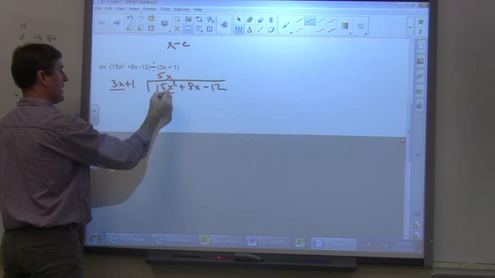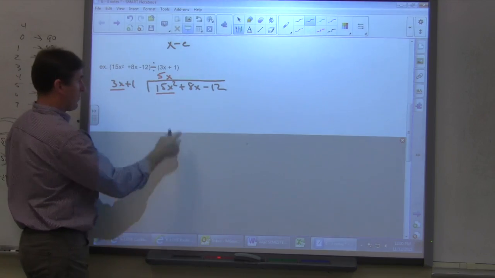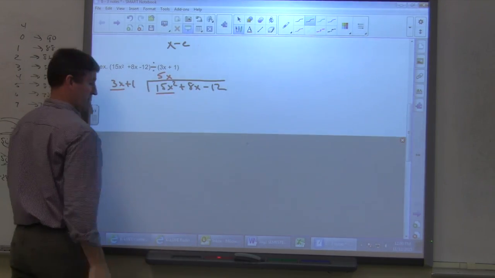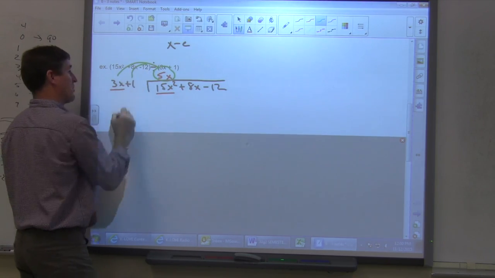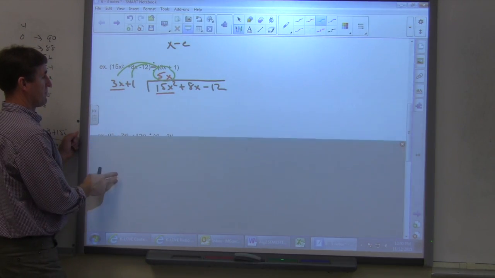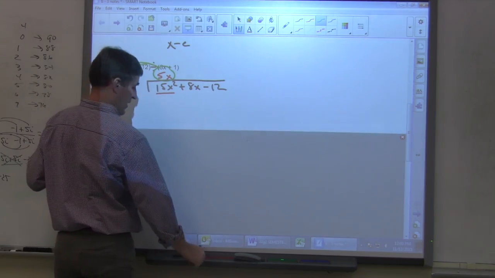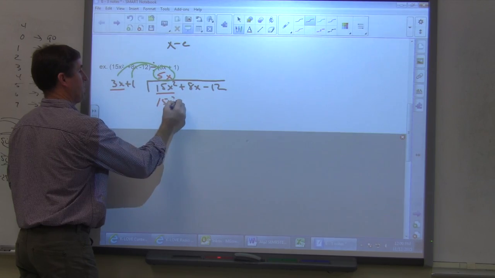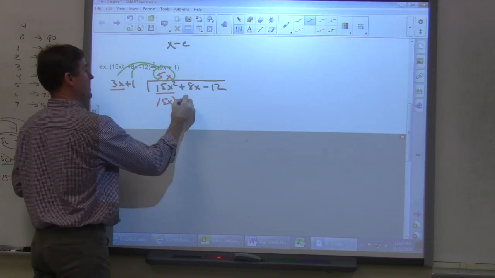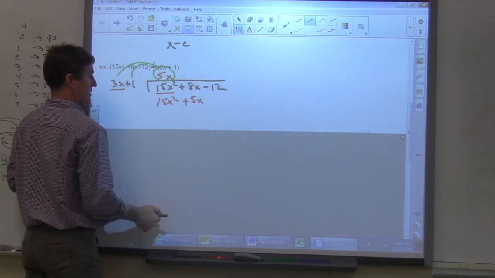X to get to x squared, I need an x. Then you have to remember, you take this 5x and you distribute it to the 3x plus 1. So now I get 5x times 3x is 15x squared, and 5x times 1 is 5x.